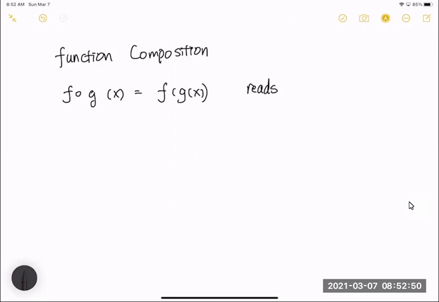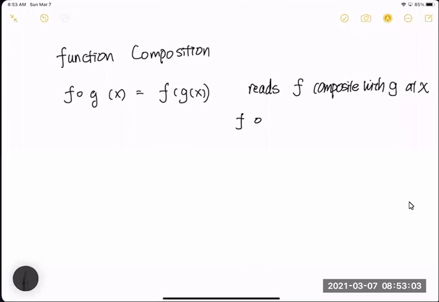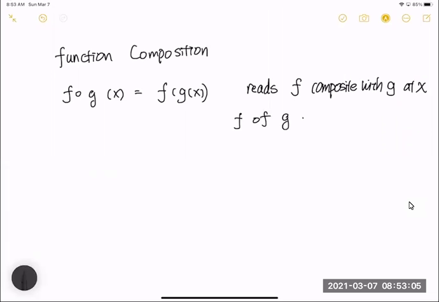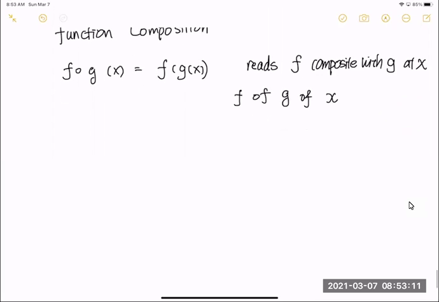So this reads f compose with g at x, or f of g of x.